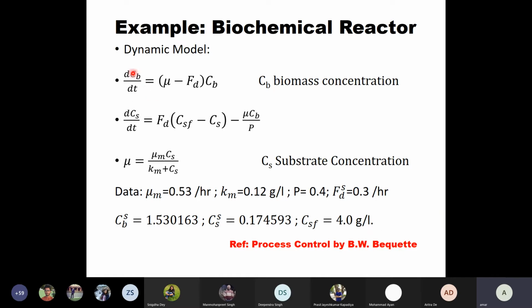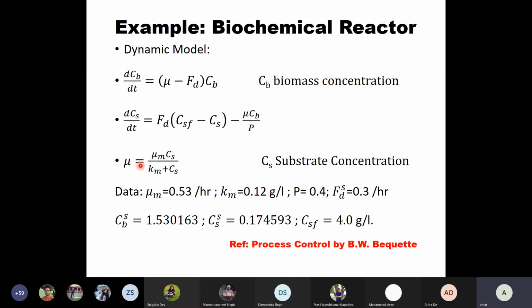Here we have two dynamic equations, one for the biomass concentration, another for the substrate concentration. For biomass concentration, it is dCB by dt is equal to mu minus Fd into Cb. Fd is the dilution rate, per hour, and dCs by dt is Fd into CSF minus Cs, minus mu into Cb by P. P is the yield.